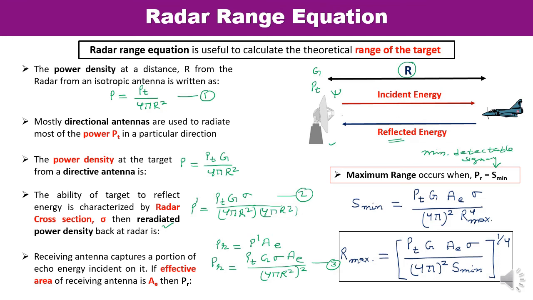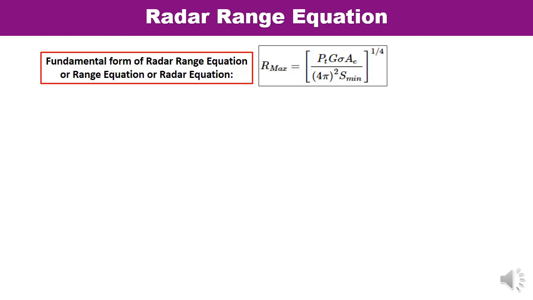Here the power of R is 4. You can write the equation in this particular form, and this equation is known as the fundamental radar equation. So the fundamental form of the radar equation we have derived. Let us say this is equation number 4.